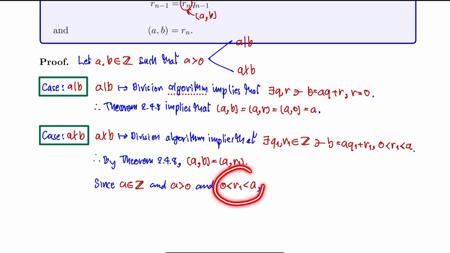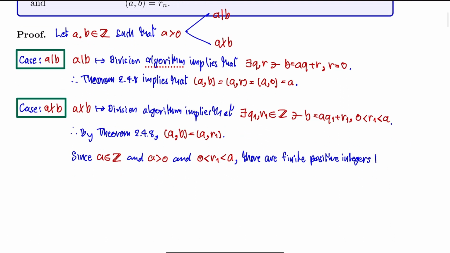We have this inequality, R1 greater than 0 and less than A. So there are finitely many positive integers less than A.